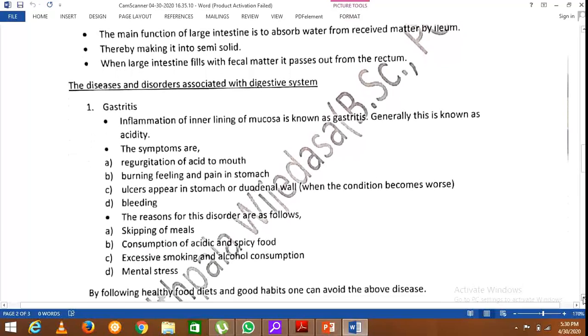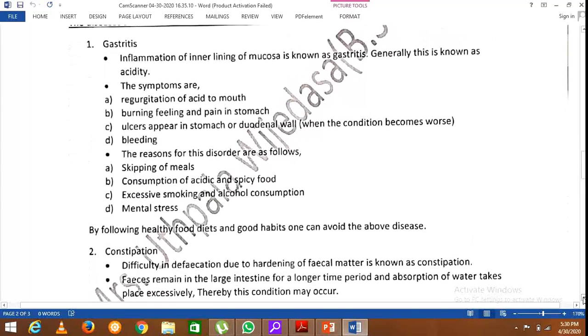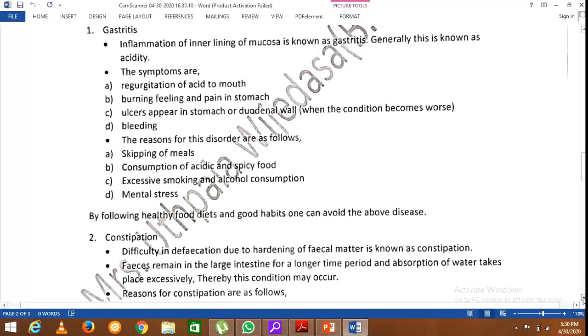So first, disease conditions. There are so many diseases, but here you are supposed to learn about a few. First is gastritis. It is an inflammation of the inner lining of the stomach, known as the mucosa.